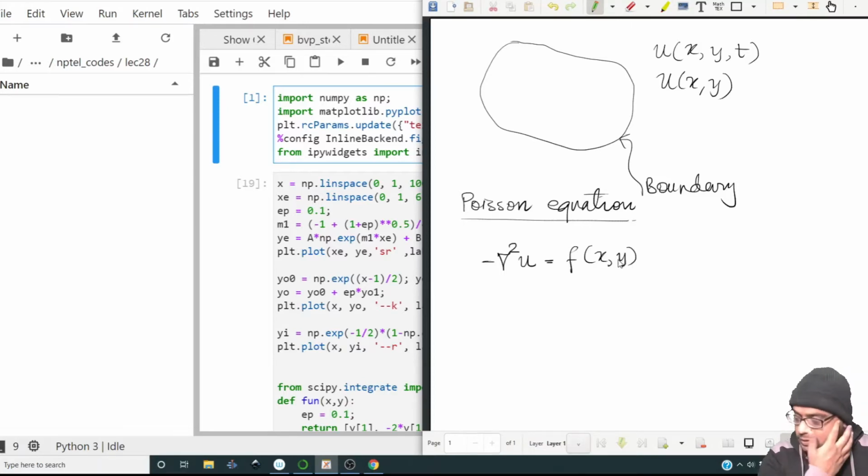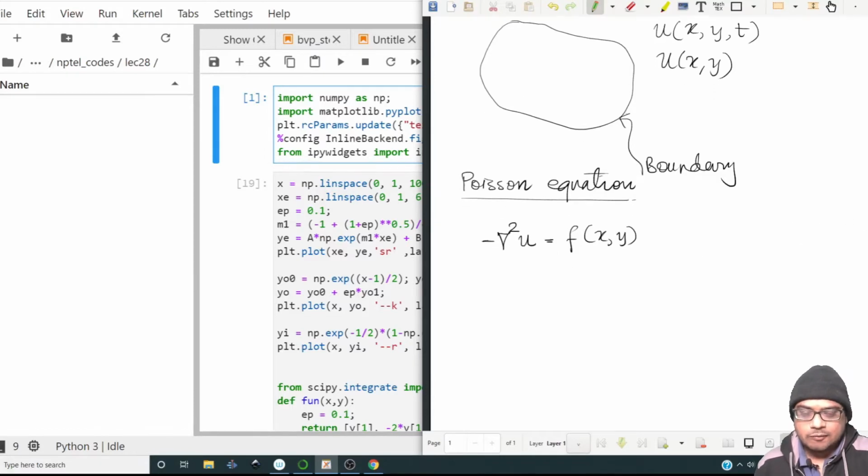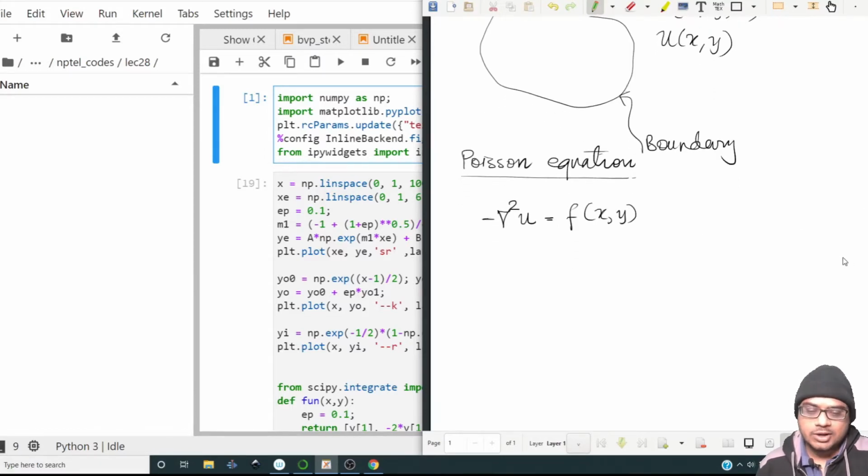But since we're going to do it numerically, why don't we select what u is going to be? Based on that, we'll find the Laplacian and figure out what the function f has to be.